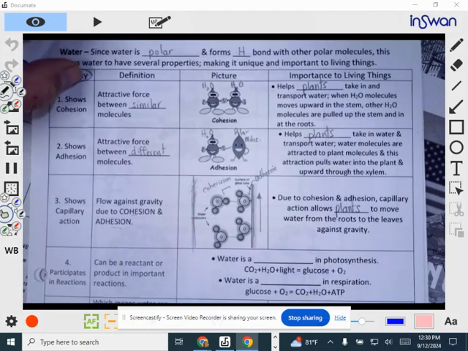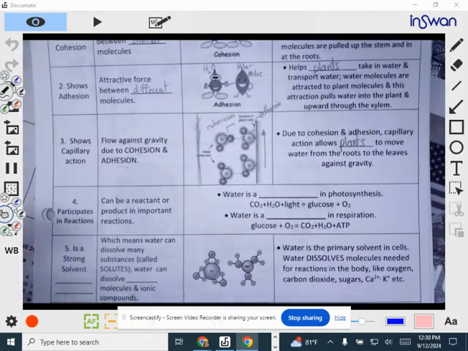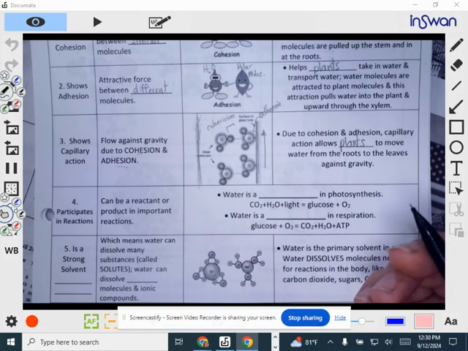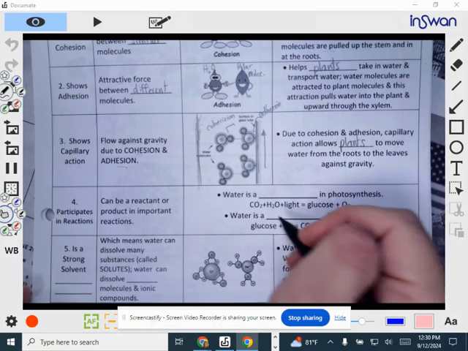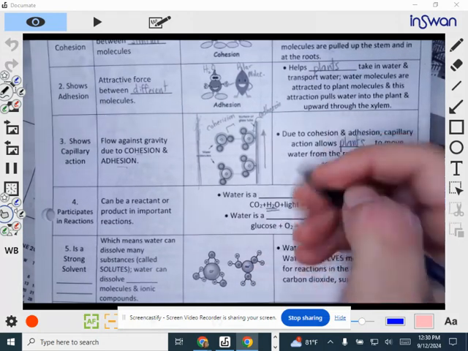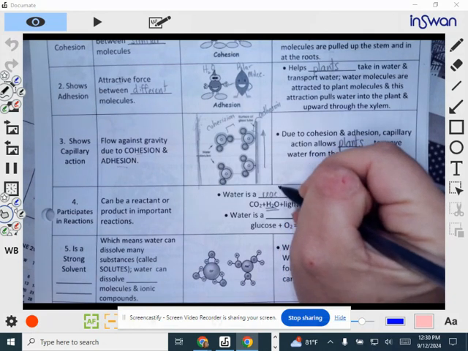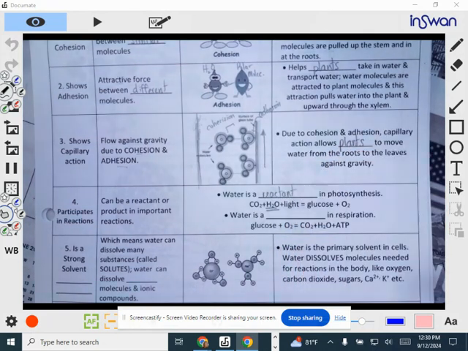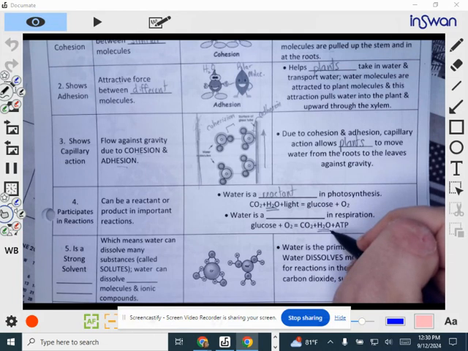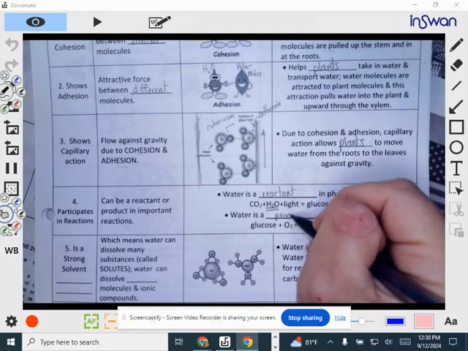Now, another thing about water is that it can participate in reactions. So you could say that it's reactive. In some processes water can be a reactant, and sometimes water is a product in a reaction.